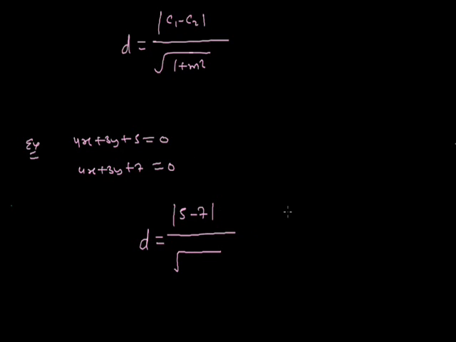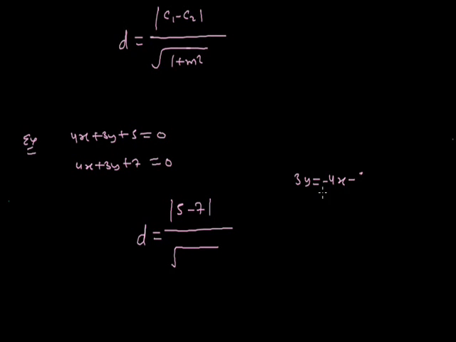We write the equation first: 3y is equal to minus 4x minus 5. Now y is equal to minus 4 by 3 x minus 5 by 3. So here m is equal to minus 4 by 3. Similarly, we can find m from equation 2, which is also minus 4 by 3.